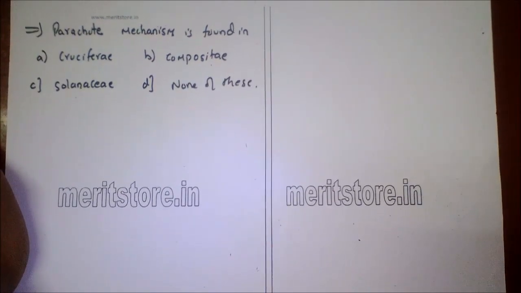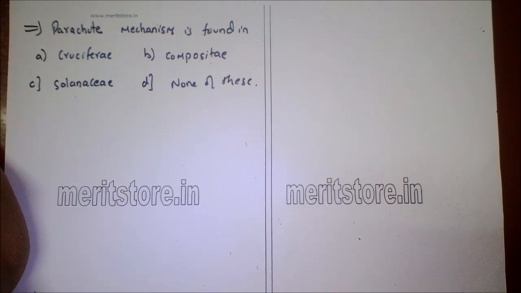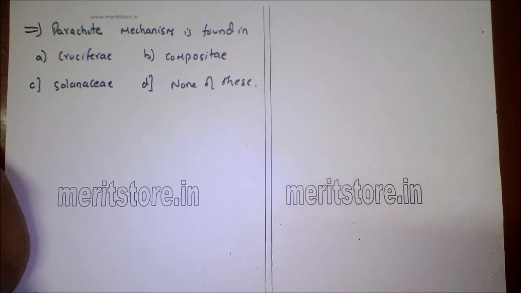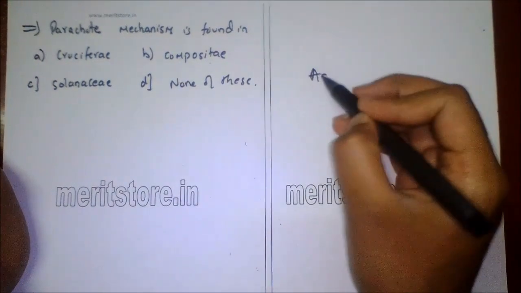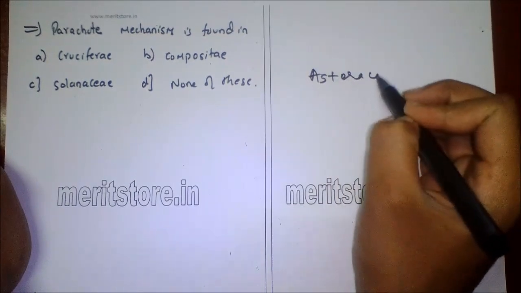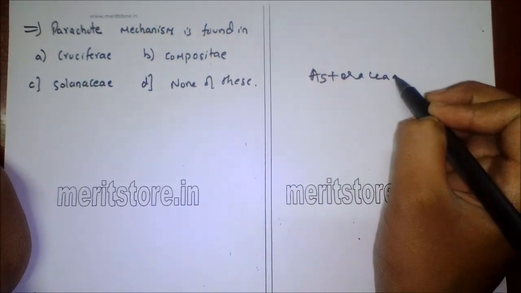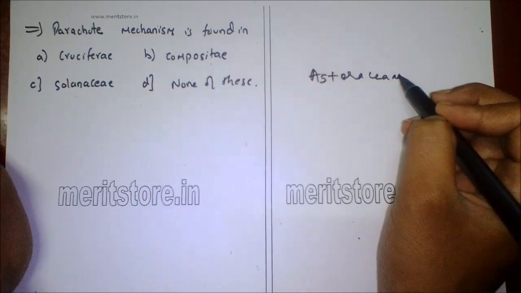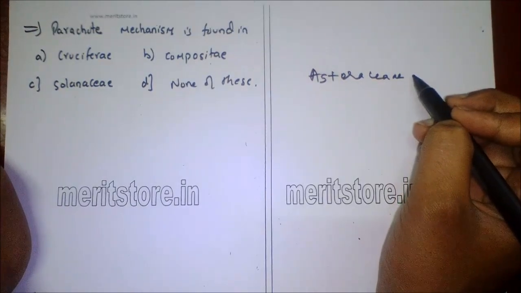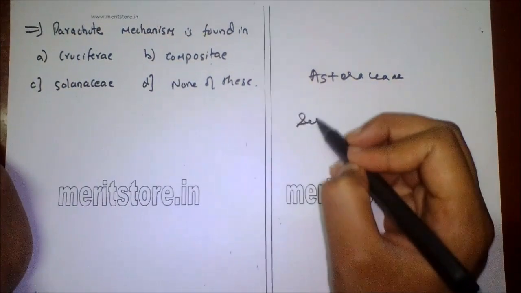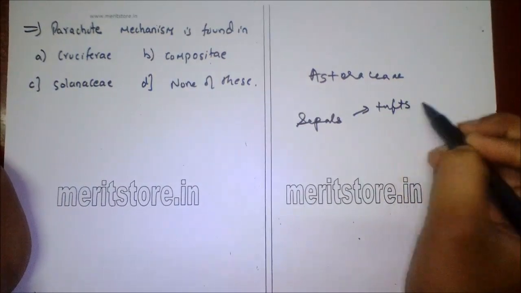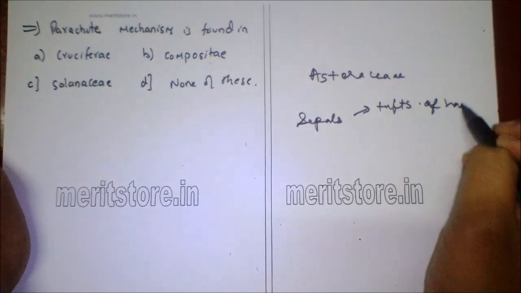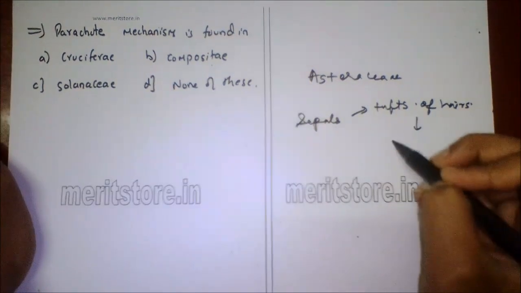Parachute mechanism is found in: A. Cruciferae, B. Compositae, C. Solanaceae, D. none of these. In members of family Asteraceae, sepals are modified into tufts of hair which are known as pappus.